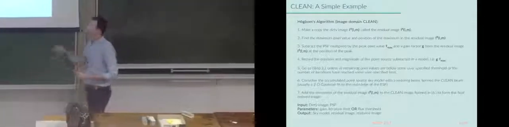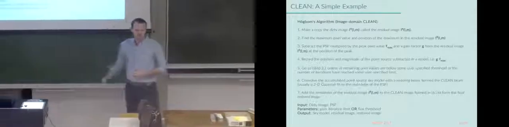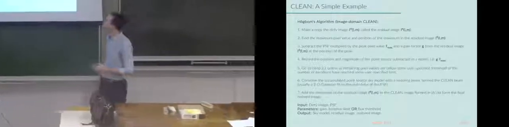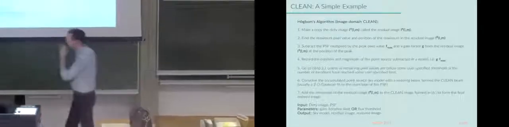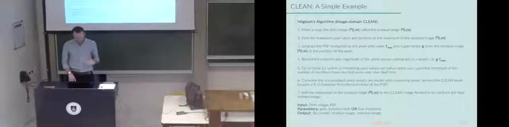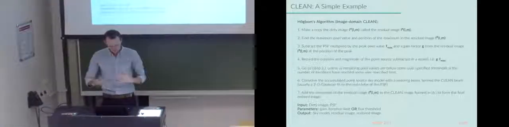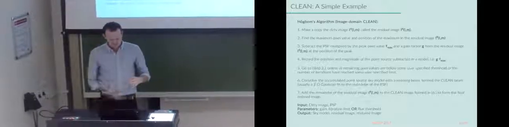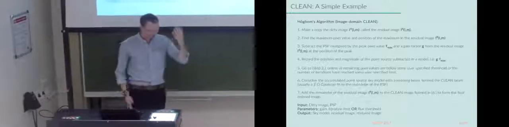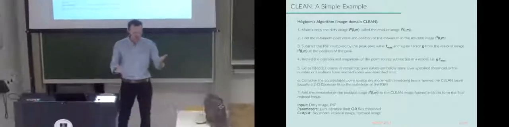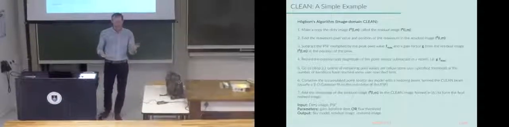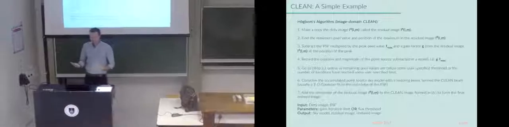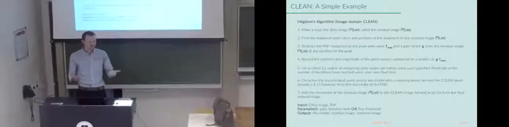The first one is what's called Högbom's CLEAN. It's some Swedish guy back in the 70s. I'll walk through it. It's a little tedious, but I'll walk through it. So you have some dirty image, and to start it off, if you wanted to say I have a residual image, well, your residual image would be equal to that dirty image.